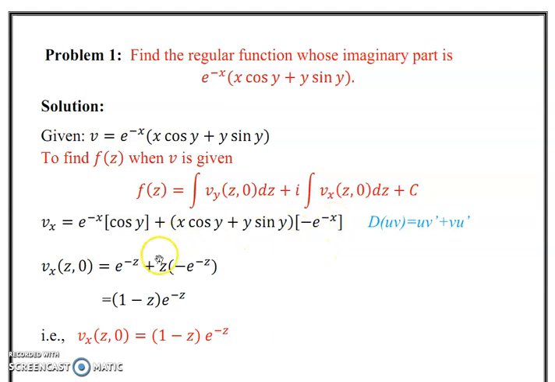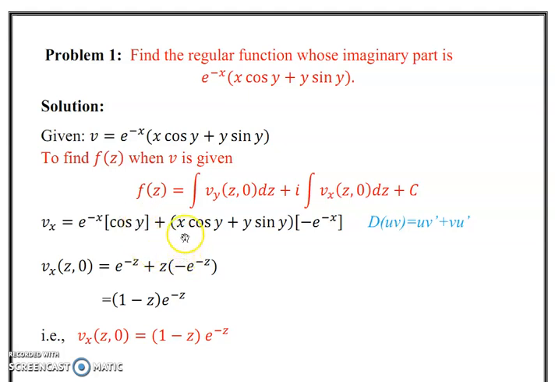In this equation, you want to find the vx of z comma 0. Now you substitute x equal to z and y equal to 0 in this above equation. Then we get vx of z comma 0 as e power minus z. Here sin y is 0 because y is 0.